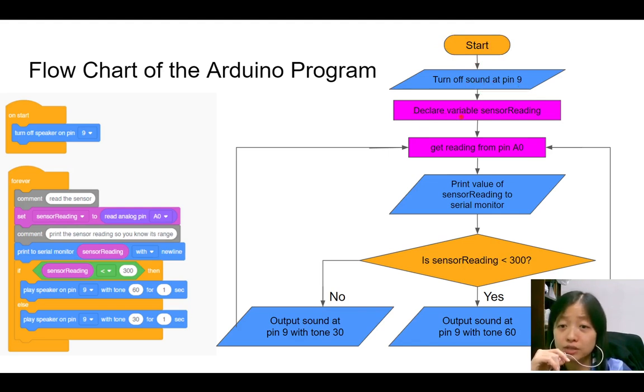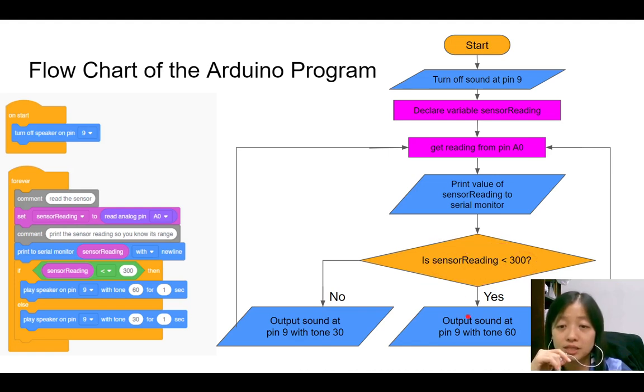Then we initialize a variable called sensor reading, which is an int in the code just now. It will be assigned the value analog read A0. After that, we will serial print the value of the sensor reading. Then the system will detect whether the sensor reading is less than 300 or not.